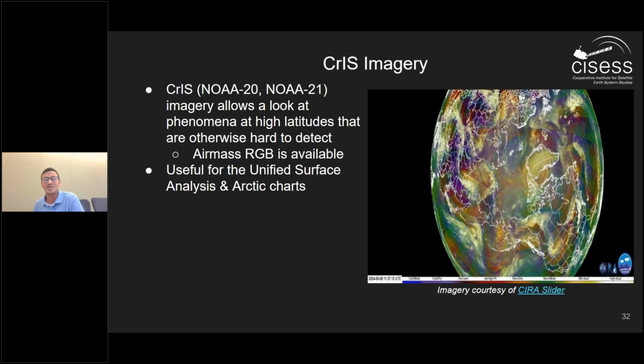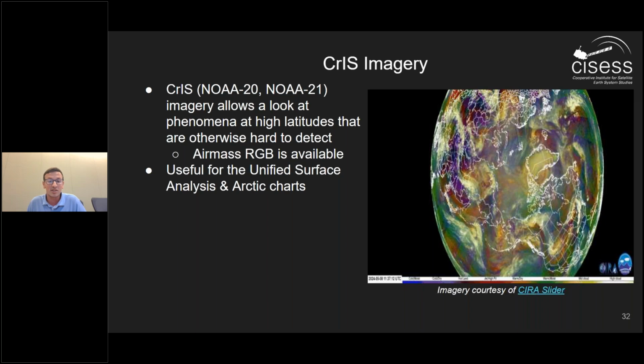And Bill Line from NESDIS is also developing polar composites that allow us to do that. The NOAA 20 and 21 CRIS instruments are proxies for developing these air mass and water vapor RGBs like you see with the GOES satellite. This is really important because the VIIRS instruments don't have any water vapor bands, so seeing this is very helpful for, again, tracking air masses and frontal features for the unified surface analysis.